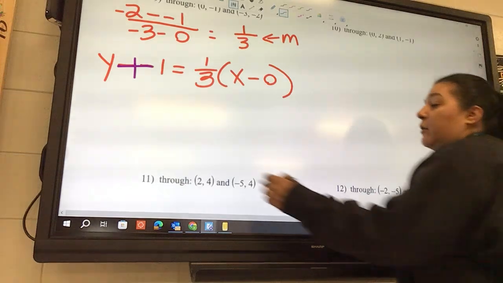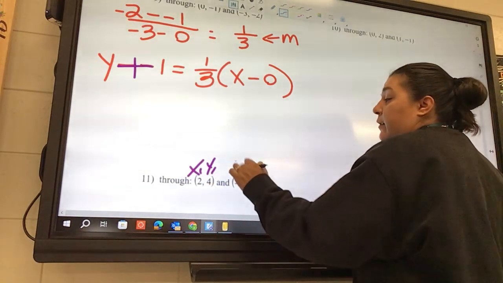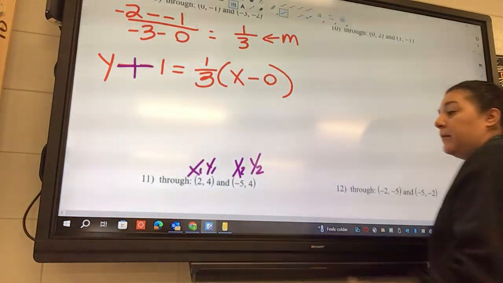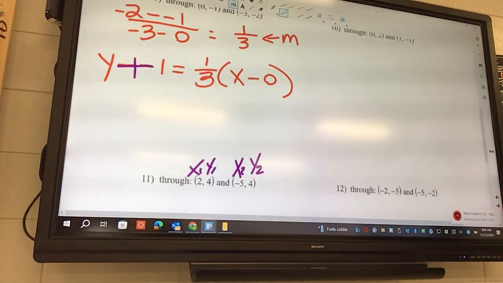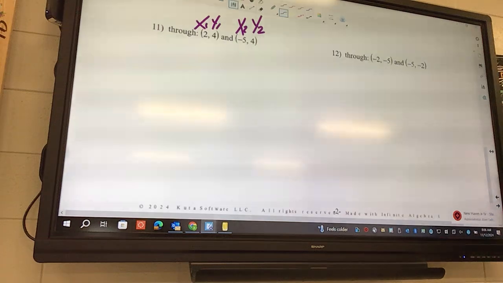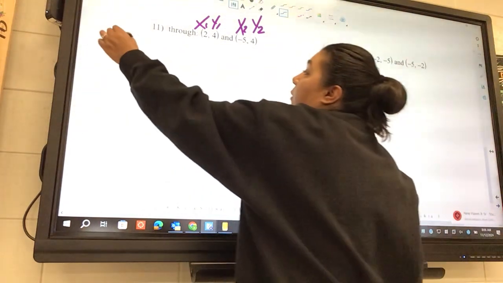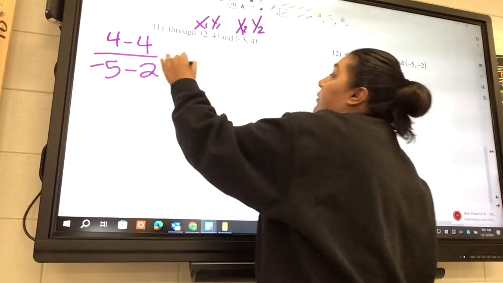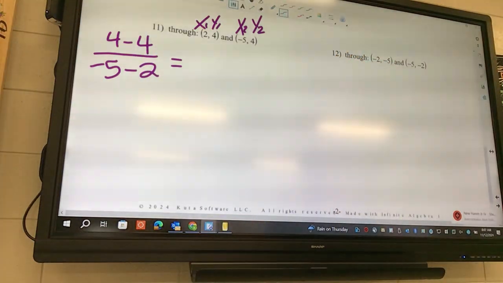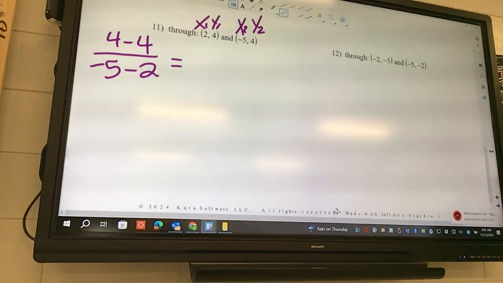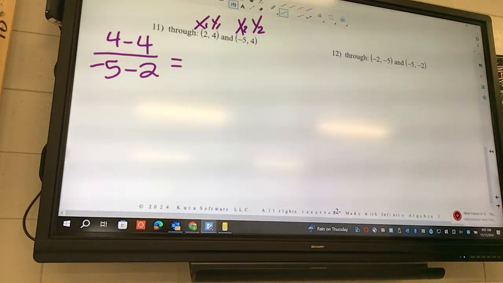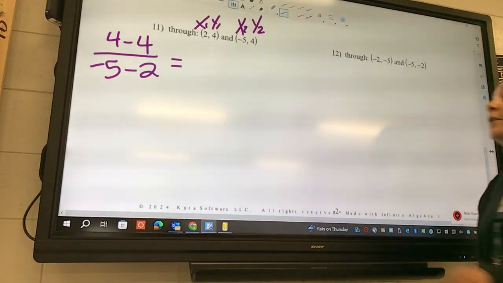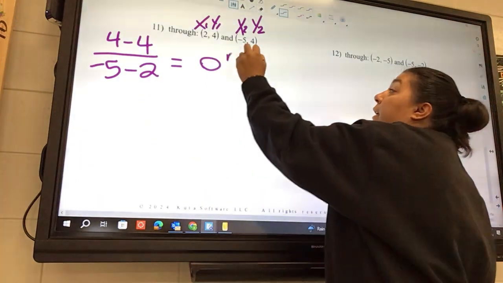Okay, 11, I'm going to go ahead and label x1, y1, x2, y2. So it's going to look like y2 minus y1, so 4 minus 4 over negative 5 minus 2. 0? Somebody agree? Yeah. Okay, and that's my m.